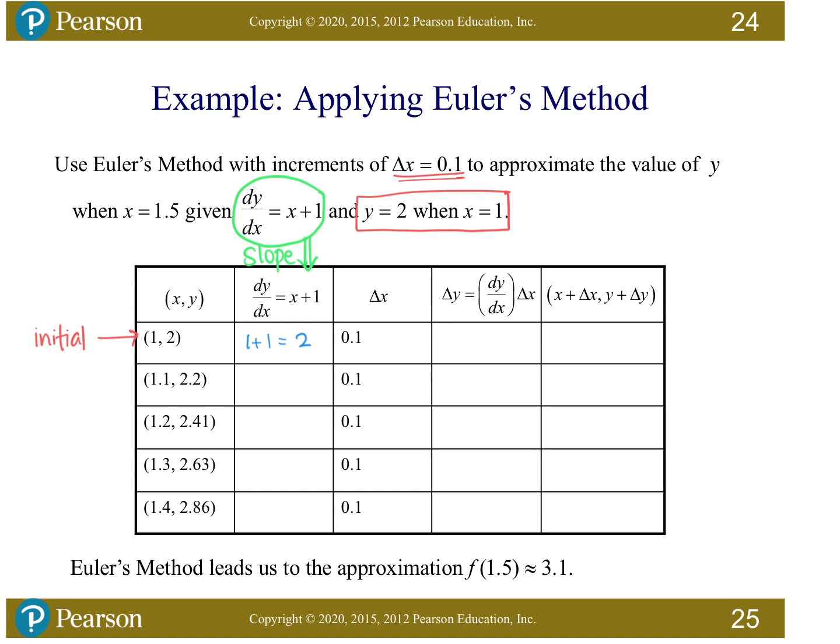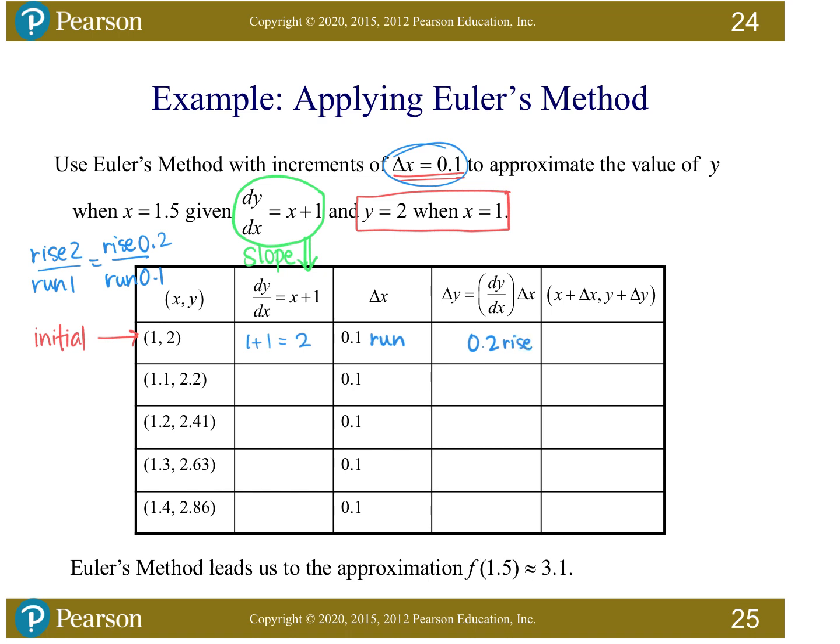I'm not going to rise 2, run 1. What if I only wanted to run 0.1, which is my increment right now? What would the corresponding rise be? Well, if we want to keep the ratio the same, the rise would be 0.2. It just keeps the proportions exactly the same. So this is the run, and I would have 0.2 of a rise.